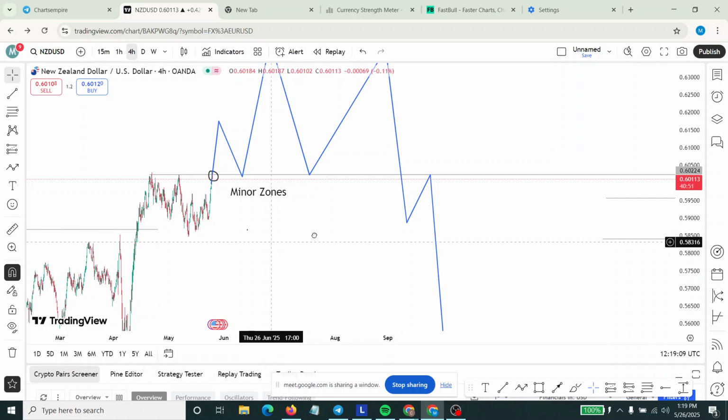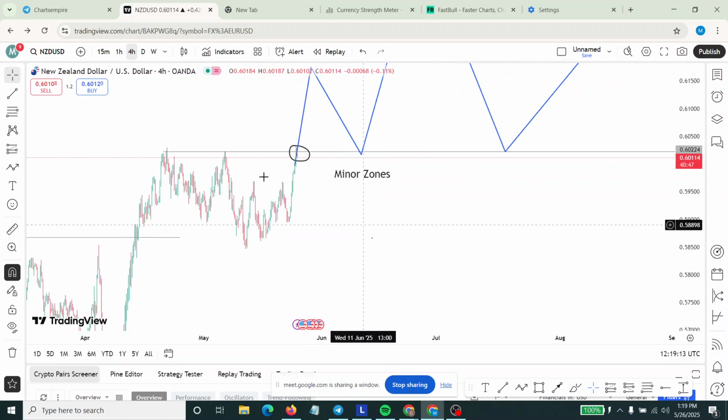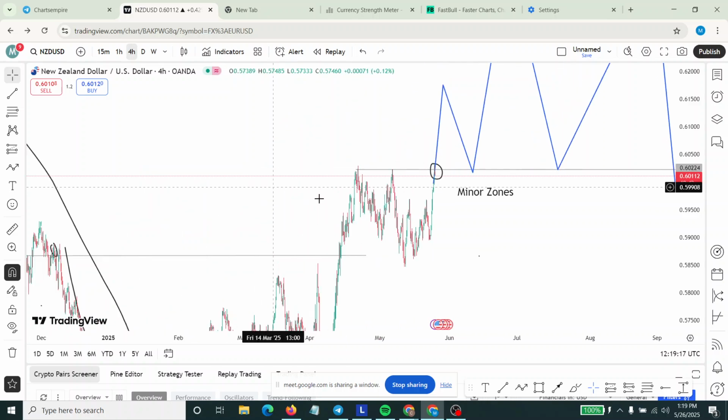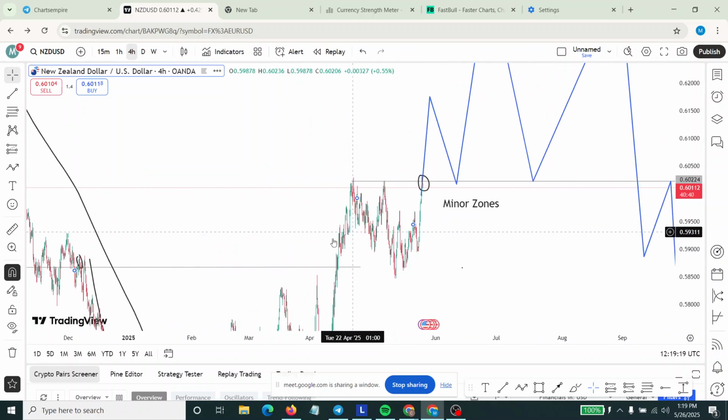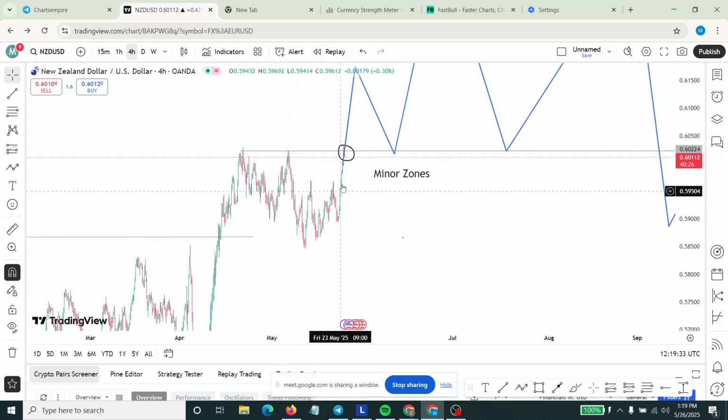Once a market is unable to break through a particular range or zone, that means that zone is now a minor zone. So in this sense, we've been able to identify a minor zone because we had a first touch here, a second touch, and currently we are experiencing the third touch. With this third touch, we can say this is a minor resistance zone currently.